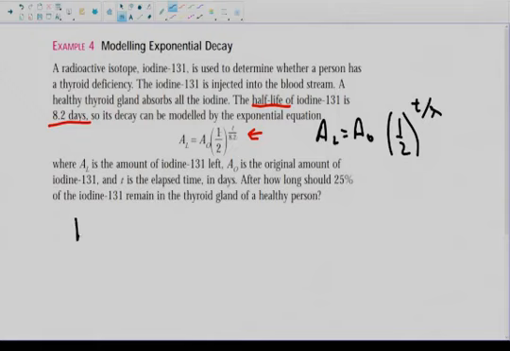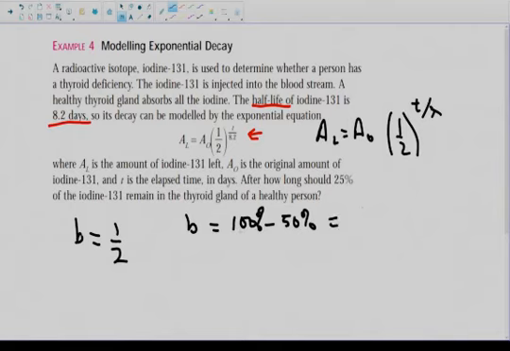Well, remember that B is based on 100%, right? Well, if we're talking about something getting half and half and half of what it was before, wouldn't we be subtracting 50% from 100% each time? You could also think of it as dividing by 2, okay? Or you can think of it as subtracting 50% from 100. Well, 50% from 100 is 50%, which is 0.5, which is 1/2.